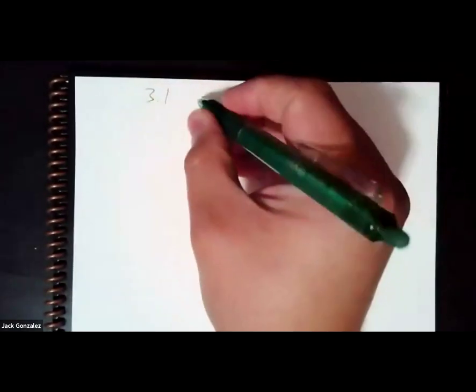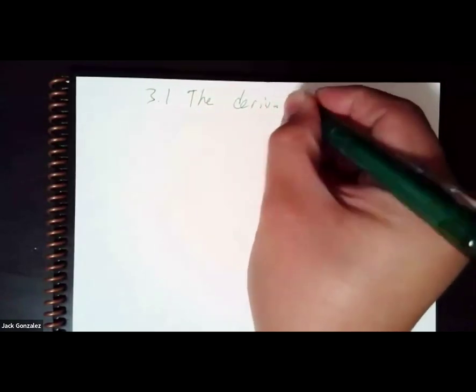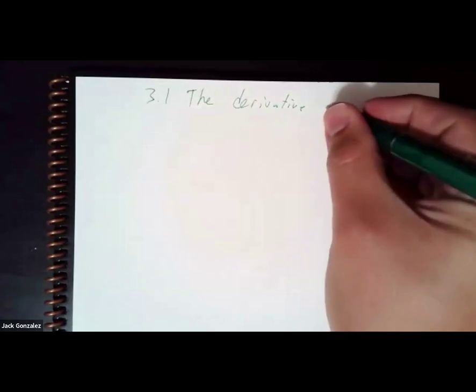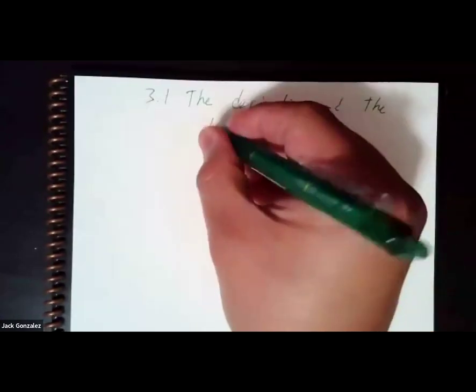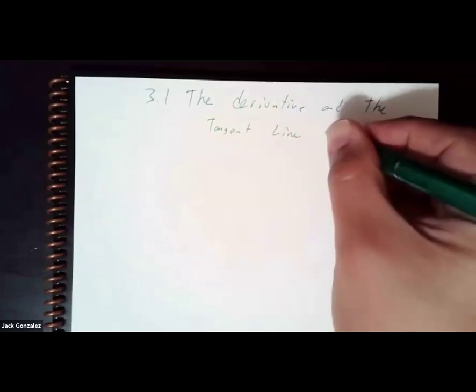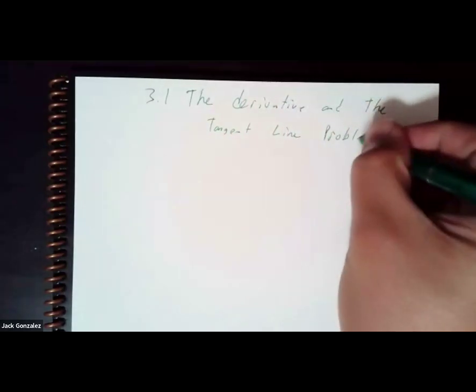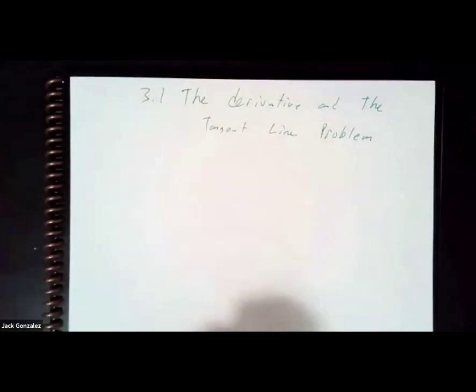Section 3.1, The derivative and the tangent line problem. So the y2 minus y1 over x2 minus x1, you can see what happens if x2 and x1 are the same, right?